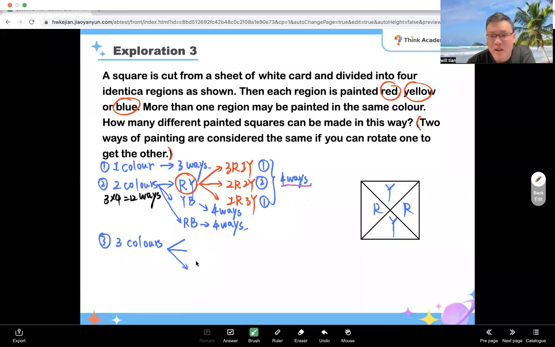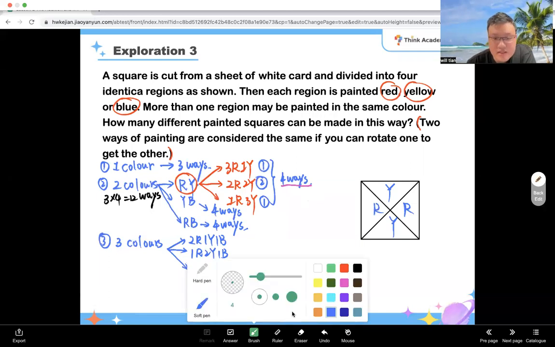You must get 1 red, 1 yellow, and 1 blue, and you have 1 region need to be painted. That means you have 3 choices to choose the number of colors. So we can have 2 red, 1 yellow, 1 blue, or we can have 1 red, 2 yellow, 1 blue, or the last one will be 1 red, 1 yellow, and 2 blue, right?